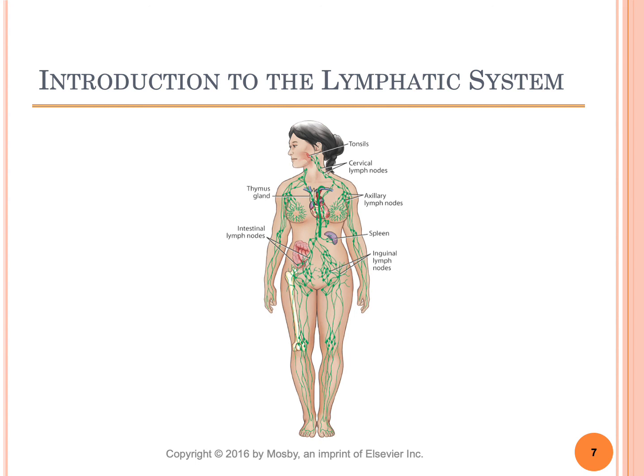So the lymph is a transparent, colorless fluid. It contains blood cells, and like I said, it flows in a one-way direction to the heart. All of the lymphatic fluid will be drained eventually into the vena cava and become part of the blood again.